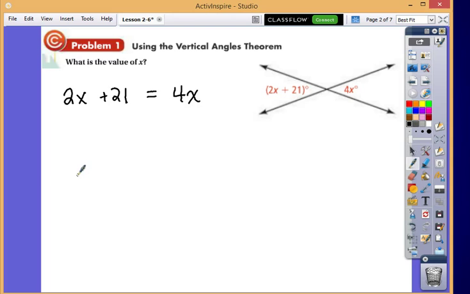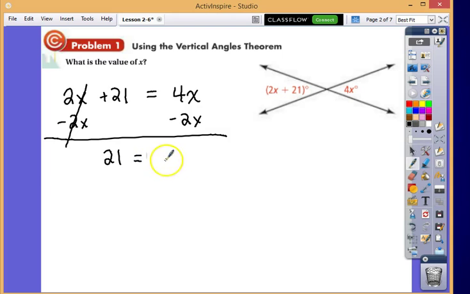And then now I can use algebra to solve. I'll subtract 2x from both sides of the equation, and I will get 21 is equal to 2x. And then I will undo multiplication by using division, divide both sides by 2, and I'll get my answer. X is equal to 21 halves.